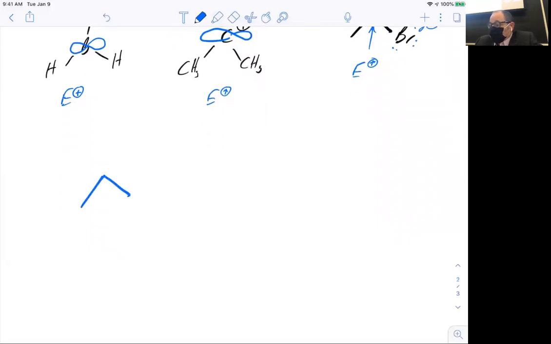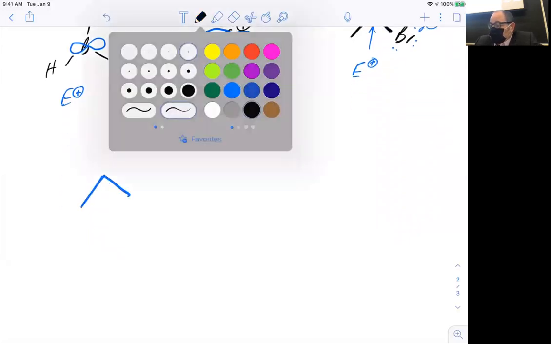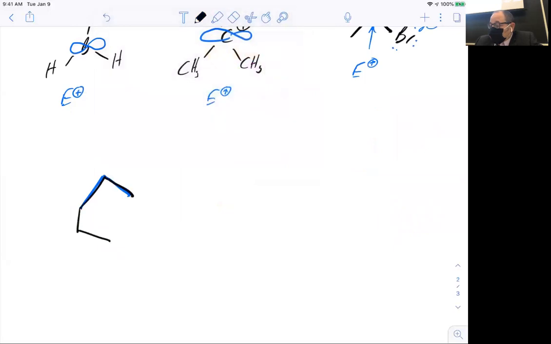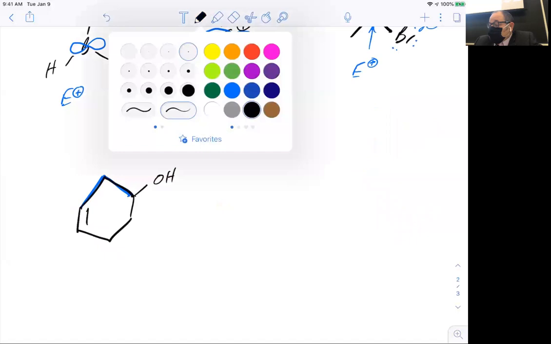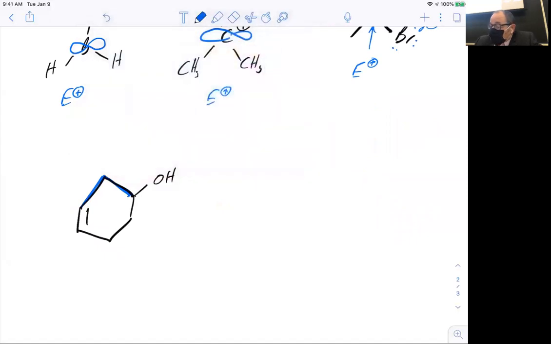So if we look at, change our color, this molecule can react several different ways. If we look at that bond, that's a nucleophile. If we look at that hydrogen, it potentially is electrophilic, or we could say acidic.